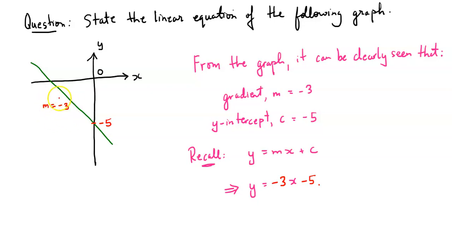We are given that the gradient is negative 3, and the y-intercept lies below the x-axis, so it's negative. In this case, it is negative 5. So therefore, the equation of the line, y equals mx plus c, is y equals minus 3x plus minus 5. A plus and a minus is a minus. So we have y equals minus 3x minus 5.